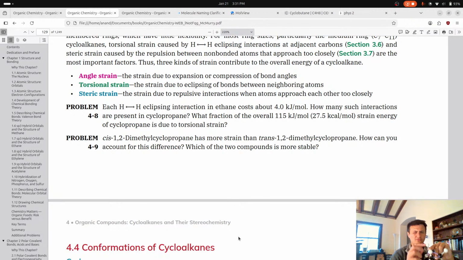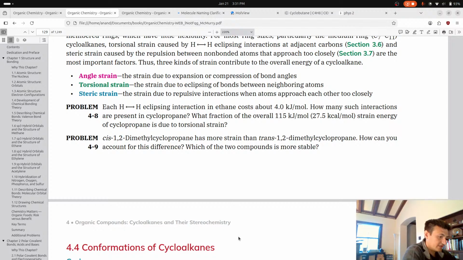So there's going to be 1, 2, 3, 4, 5, 6. I'm going to guess 6. So problem 4.8: 6 H-H eclipses.